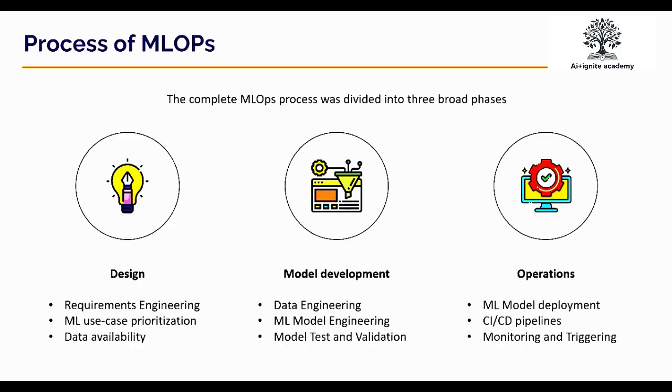And finally, the operations part. So again, right now in the second part, you are developing the complete model. The model is working, it's been well validated and verified. Finally, in operations, you are deploying the ML model and then CI/CD pipelines. So in this case, you are creating a complete CI/CD pipeline in which you are uploading your model. And so you're setting up a complete pipeline, in which first the model will be deployed into an environment.